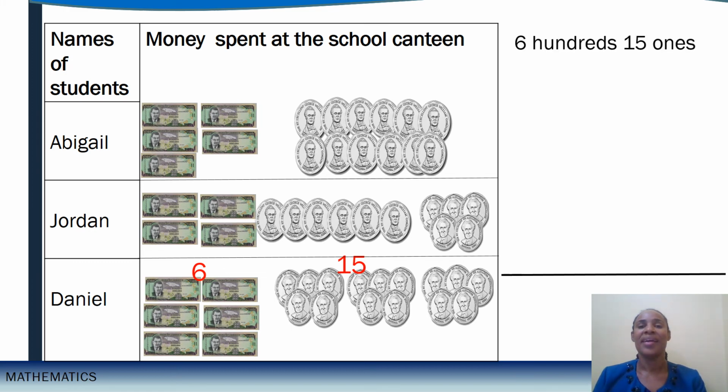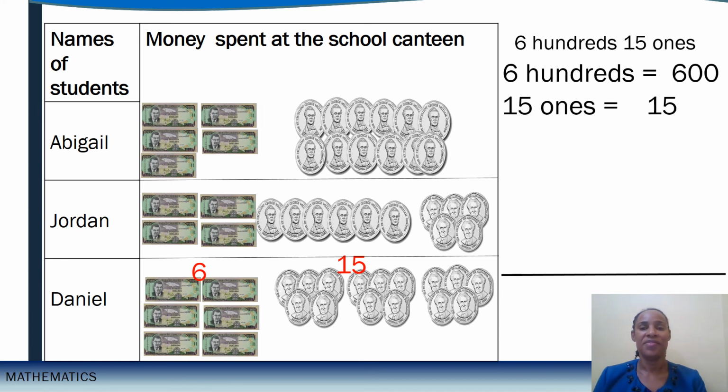Let's write that to the side of our table. 600s and 15 ones. We're going to write the value of 600s. 600s, there we have it. And 15 ones is the same as 15. Now, to see how much money Daniel spent, we will use our place value math. Okay, before we do that, we can rename 15 ones as 1 tens and 5 ones.